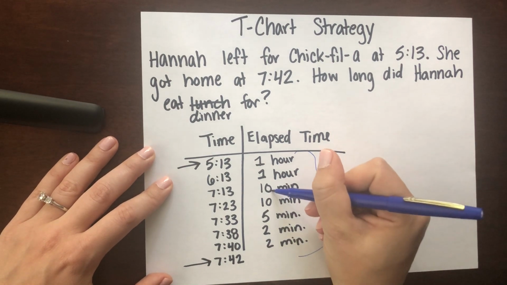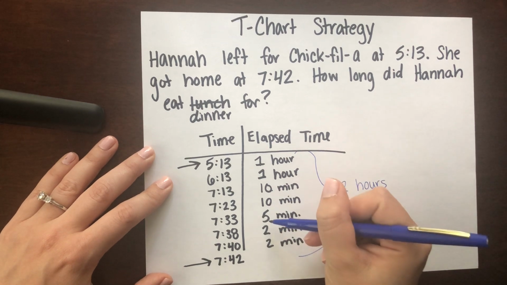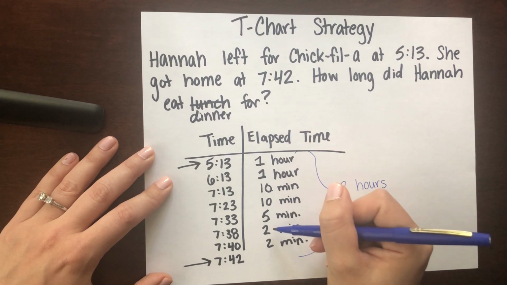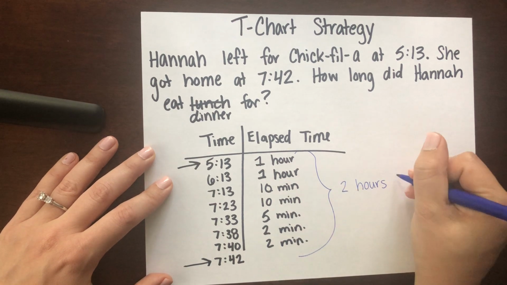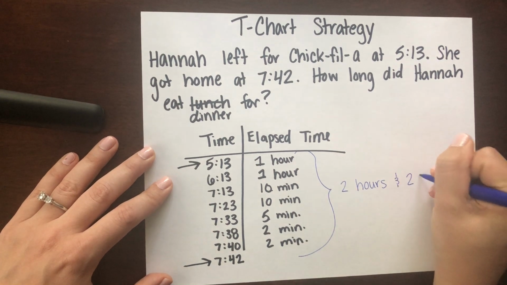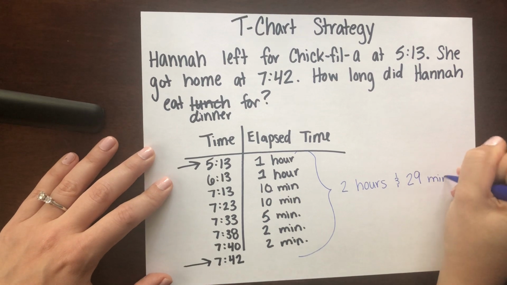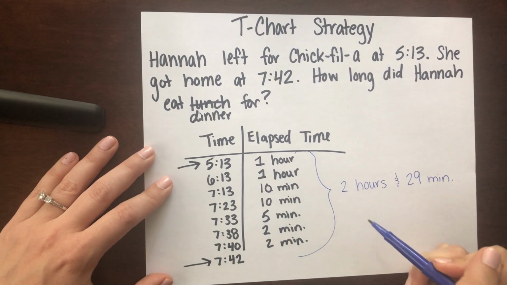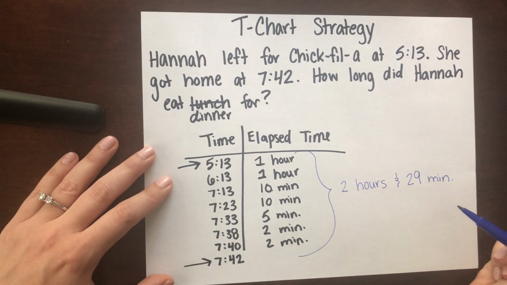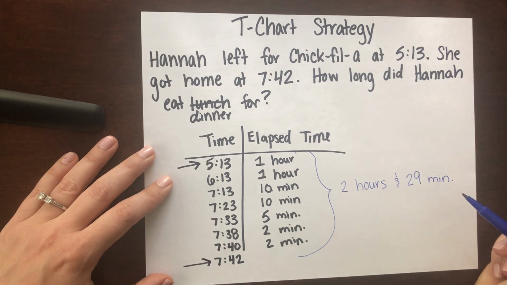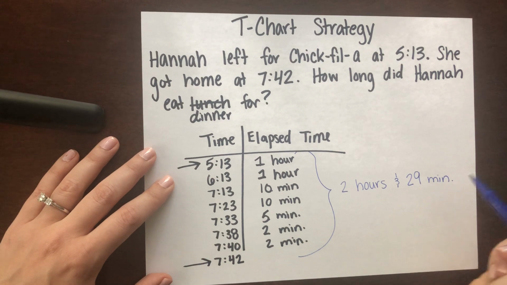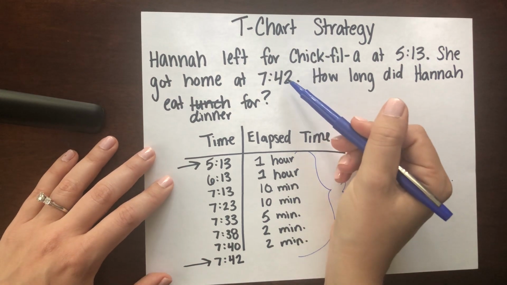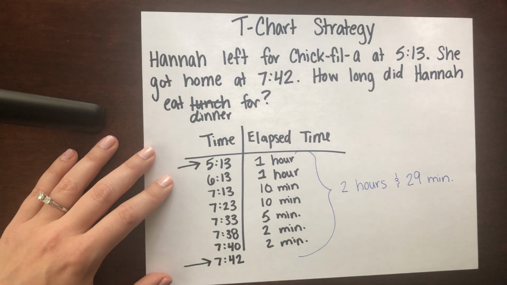So I have 10, 20, 25, 26, 27, 28, 29. So just like we found out yesterday, Hannah ate dinner for 2 hours and 29 minutes. So this is how we use the T-chart strategy. This problem had our start time and our ending time, and it didn't give us the elapsed time.